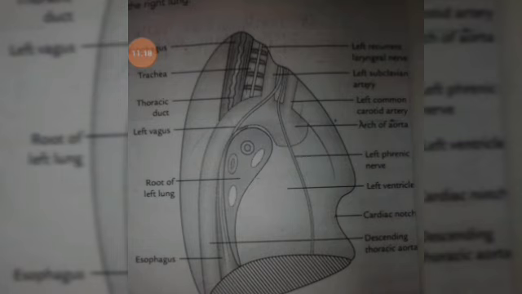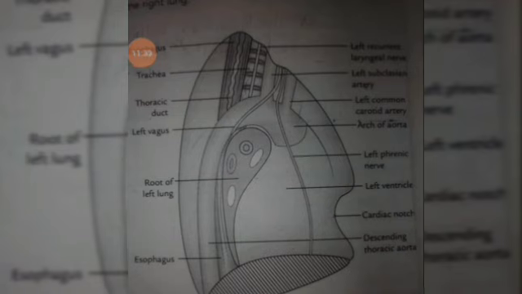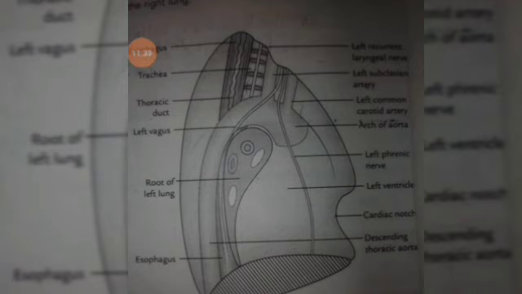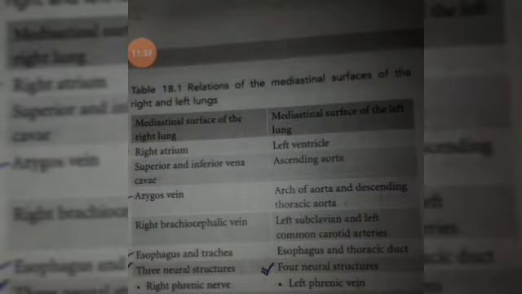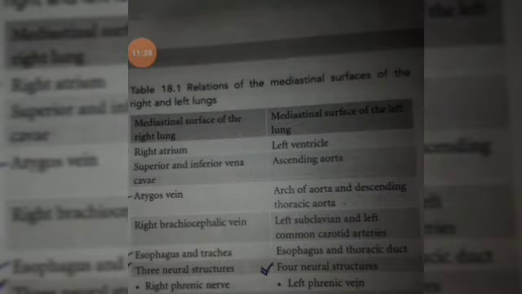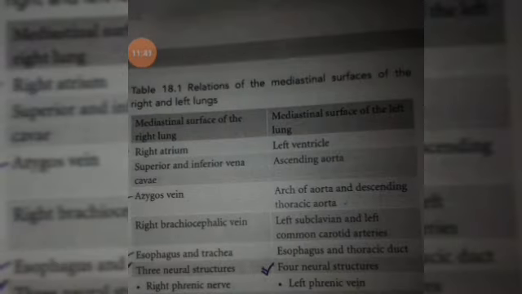So you can see the left vagus nerve here, the left vagus nerve just runs. They did not actually show the branching, but that's what actually happens. So these structures are not something you should cram, but something you should understand. I hope this video actually makes sense. Thank you.